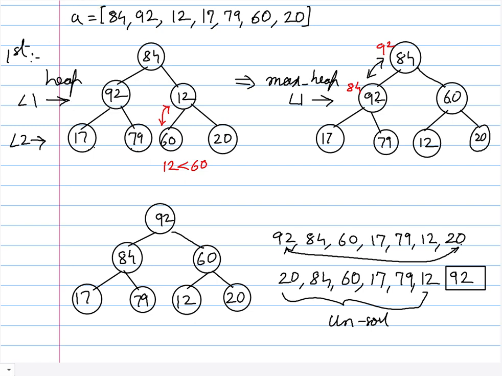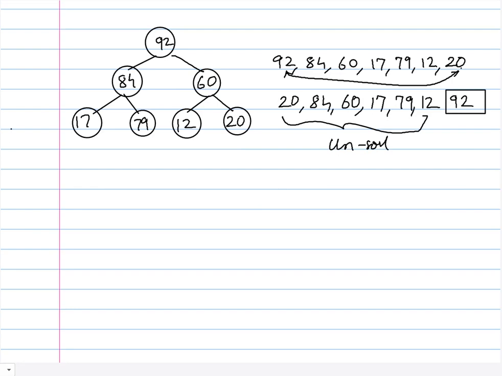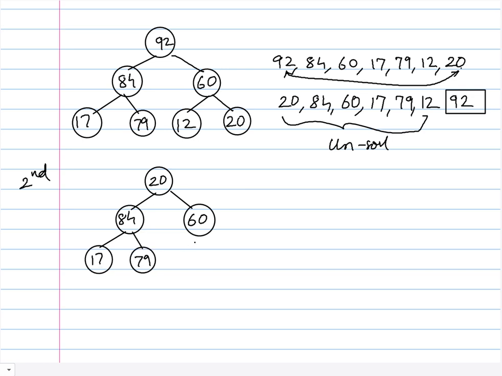In the second phase we'll create a heap. For the heap, the root is 20, then we have the elements 84 and 60, then 17, 79, and then only one element, that is 12.